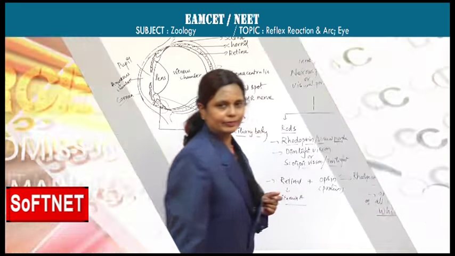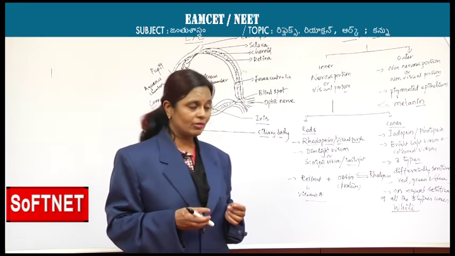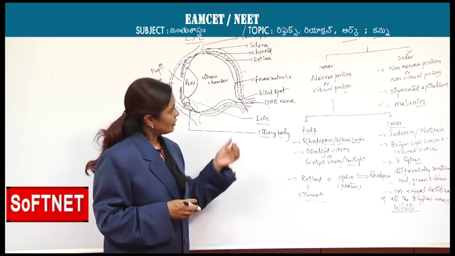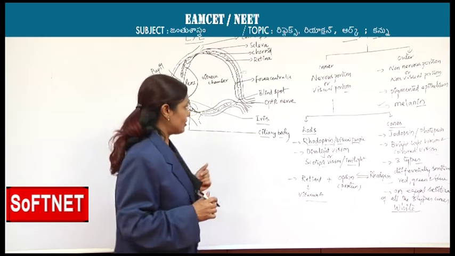The nervous portion or visual portion of the retina in fact has 3 layers.